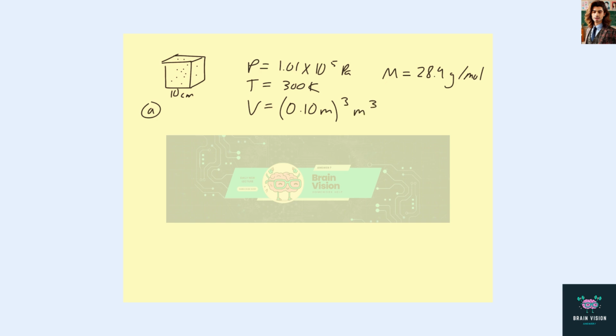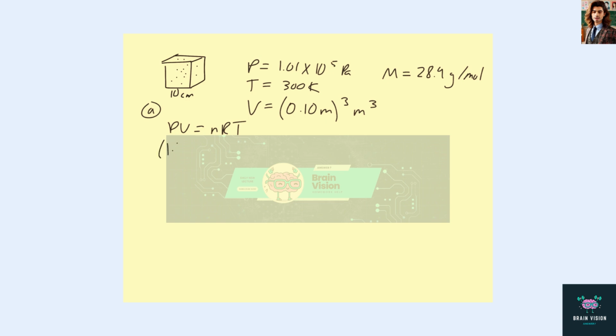So to find the mass of the air in there, we need to find how many moles of air there are in this cube. We can do that using the ideal gas law, PV equals nRT. We can plug in numbers.